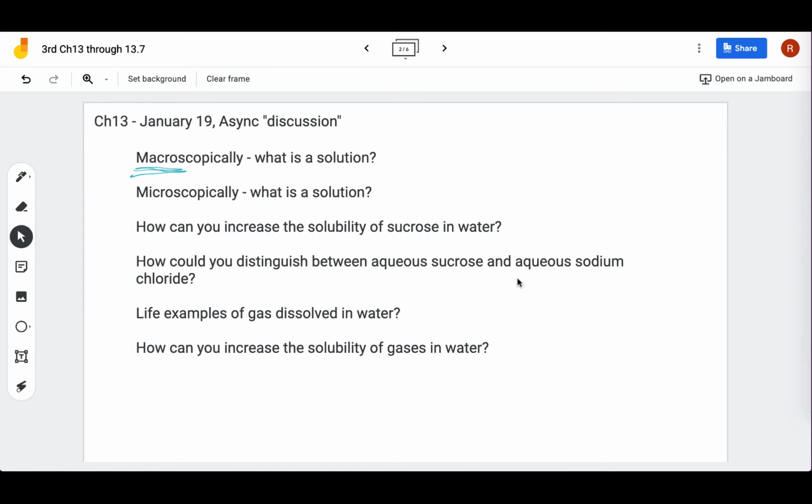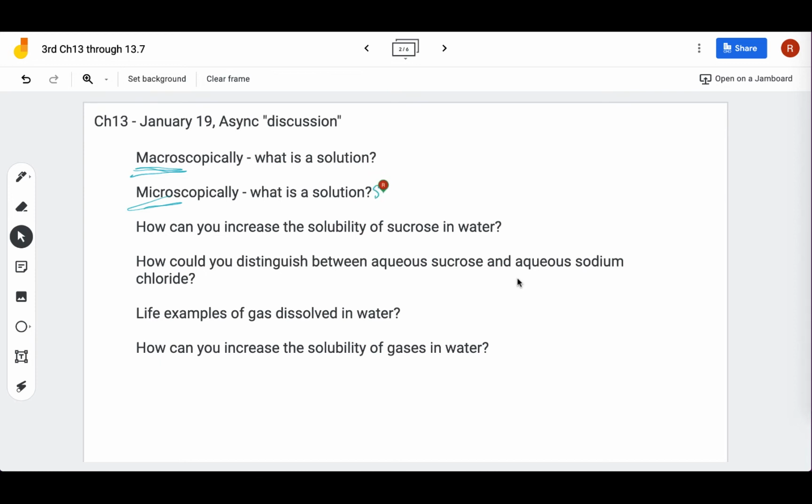All right, microscopically, meaning not with our eyeballs, what is a solution? So again, we have a solute and a solvent, but at the particle level, what must be true about a solute and a solvent if they're going to form a homogeneous mixture? The solute and the solvent must be similar.